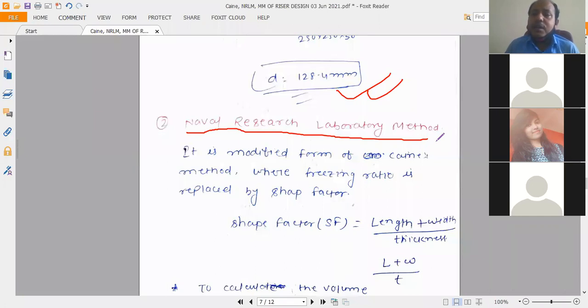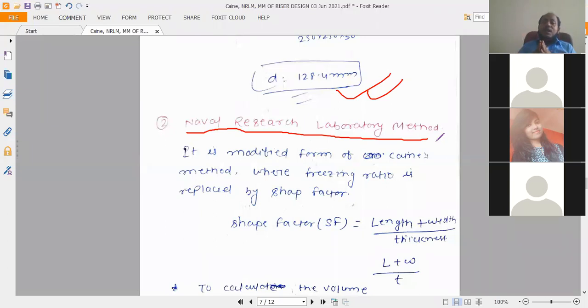So the Naval Research Laboratory ने एक फॉर्म तैयार किया that will depend upon the shape factor, and they have given one graph or table to determine experimentally how, when the shape factor of the casting changes, the volume ratio varies. They have produced one table or graph chart.